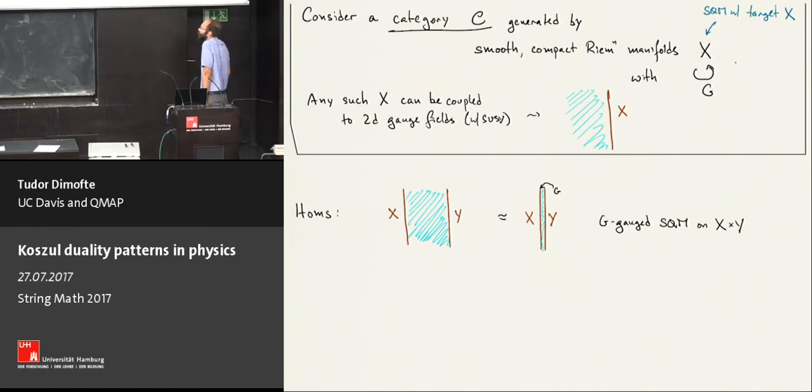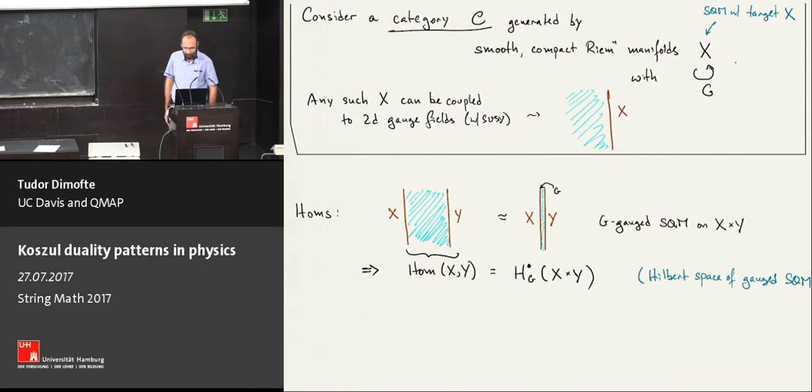Moreover, the morphisms in this category are extremely easy to calculate. If we put Riemannian manifolds X and Y on opposite sides of a strip and squeeze the strip down to zero size, we just get quantum mechanics with G gauge symmetry and target X cross Y. And the Hilbert space of that quantum mechanics is the G-equivariant cohomology of X cross Y. So those are the morphisms.